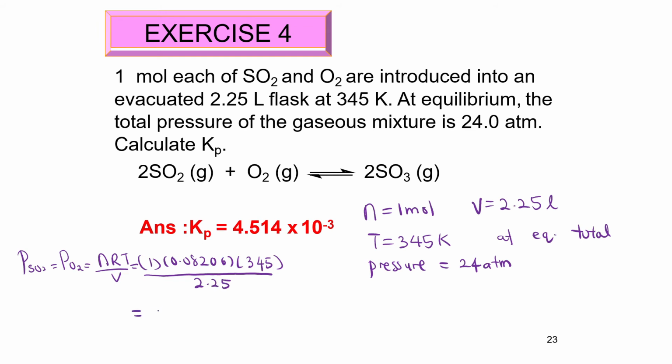So solve for P. Let me use my calculator. We get 12.583 atm. So this is the initial pressure for the gas.